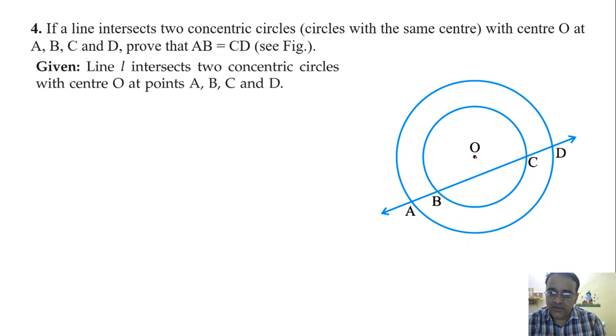We will draw one perpendicular from O to this chord. We know that the perpendicular from the center to a chord bisects the chord. So we take this point as L. So BL is equal to CL for the inner circle and AL is equal to DL for the outer circle.